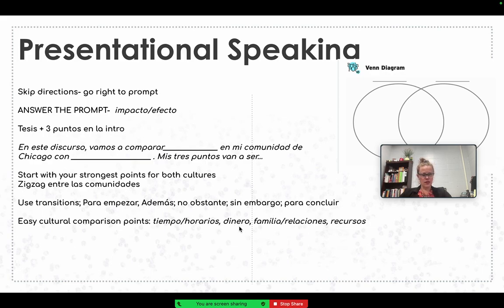We can also look at familia y relaciones, right? Family and relaciones humanas y personales y amistades son lo más importante en la cultura latina, mientras aquí en Estados Unidos lo más importante es el dinero. Trabajamos en los días festivos porque no queremos dejar de ganar dinero, right? We work and we sell, right?